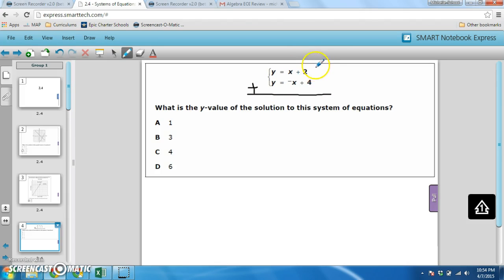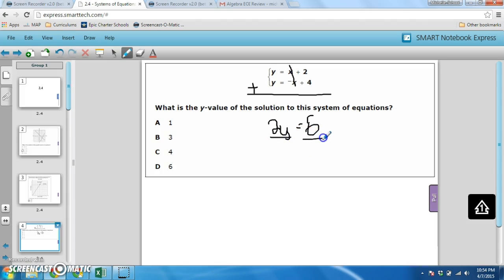Just start like you're adding, something normal, and you start on the right. 2 plus 4 is 6. I'm going to bring it down here. Negative x plus positive x is going to go away. That's what you want to do, and it's already set up for that. And then y plus y is 2y, so don't forget to add those together.